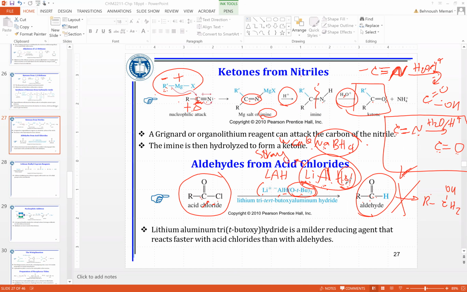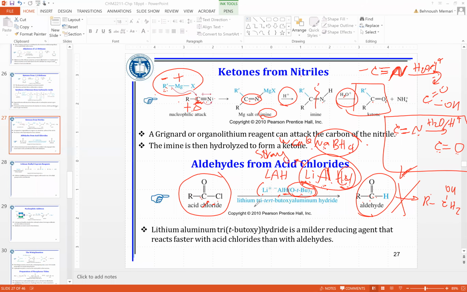Because if you have 4 hydrogen, it is going to be a very strong reducing agent. You are removing 3 of them, you are only leaving 1. That basically is called, the term is called, poisoning the reducing agent.